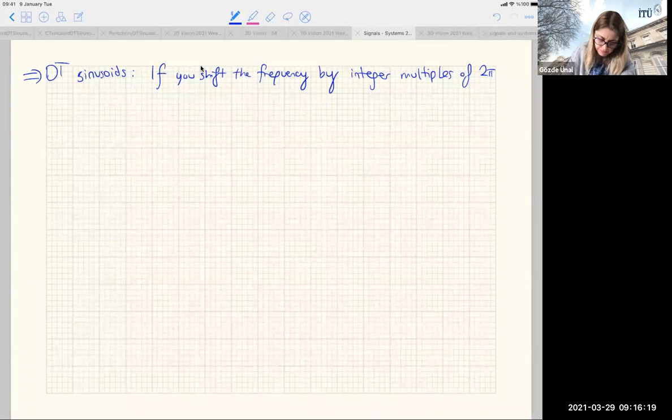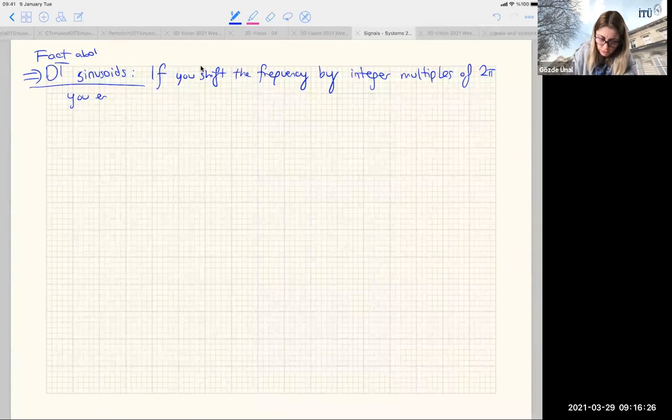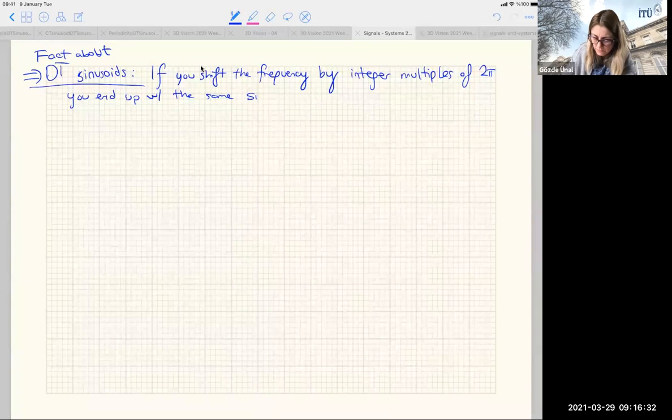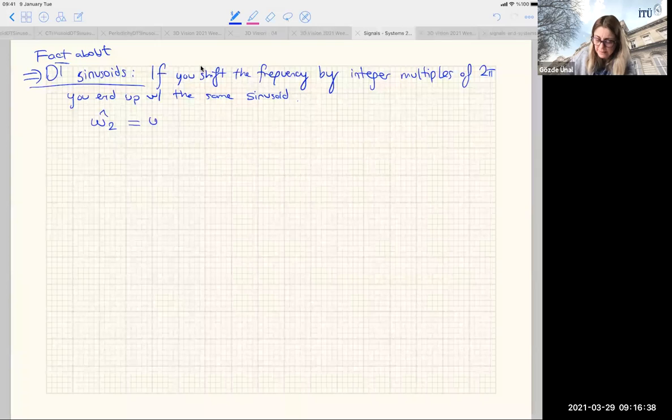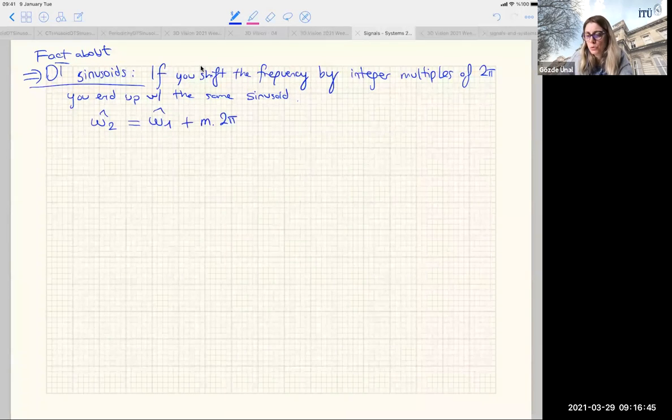You end up with the same sinusoid. This is a fact about discrete time sinusoids, okay? So for instance, if I have, let's say, an omega 1 hat normalized frequency plus some integer times 2 pi, multiples of 2 pi, just do the math here.